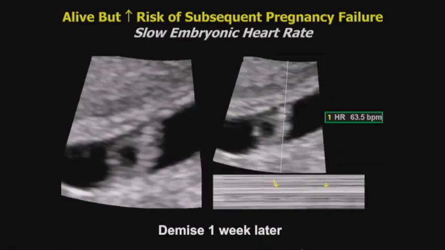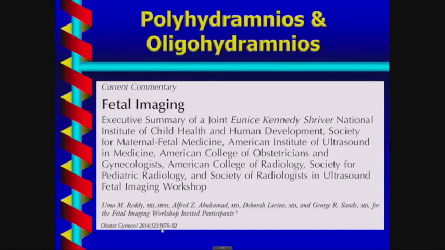A slow heart rate, as seen here, at 64 beats per minute, is also indicating a high risk of subsequent pregnancy failure. One simple number to remember is that any heart rate in the early first trimester less than 90 beats per minute indicates a high chance of subsequent pregnancy failure.